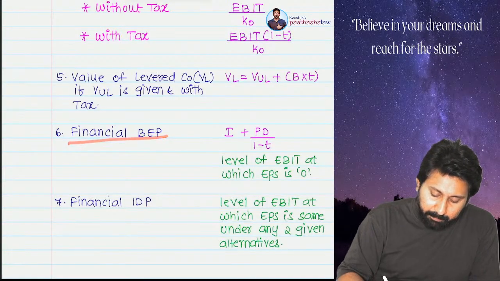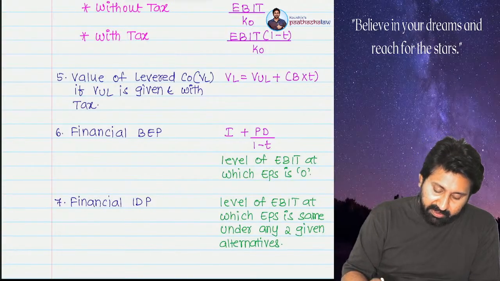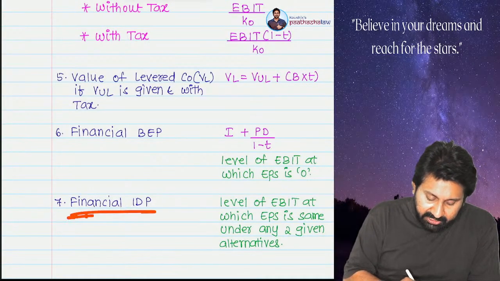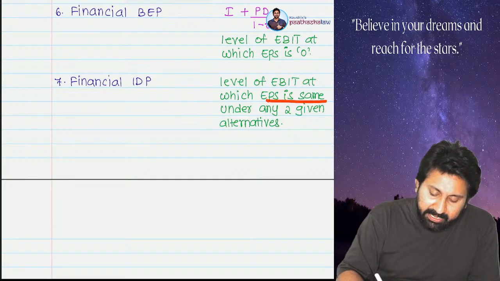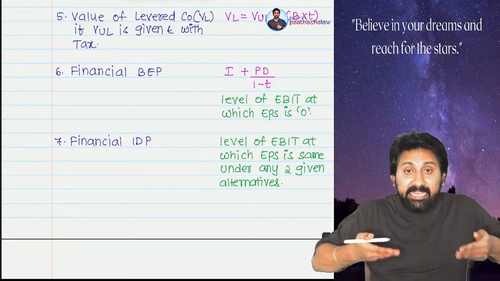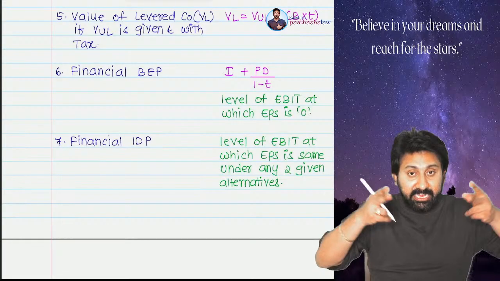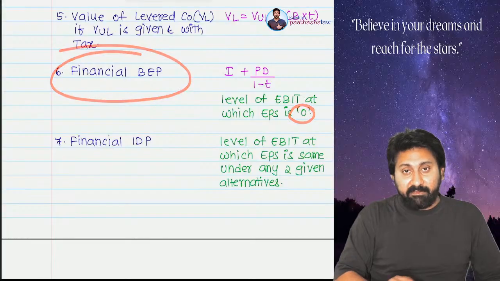Financial break-even point is I plus preference dividend by 1 minus t. Financial indifference point is a level of EBIT at which EPS is the same under any two given alternatives. EPS becomes zero in case of the financial break-even point.